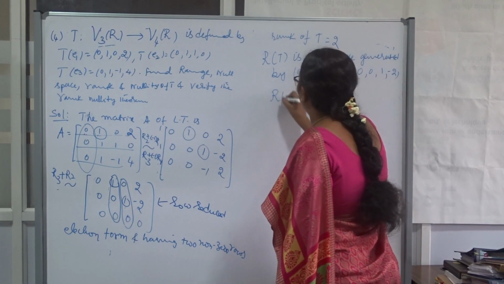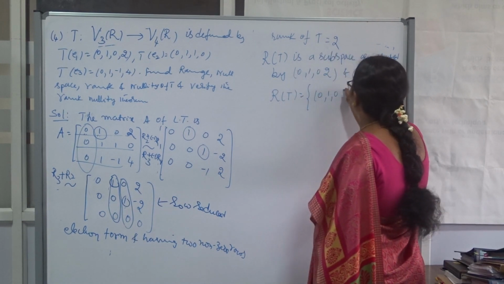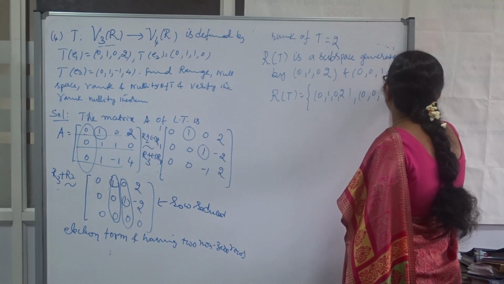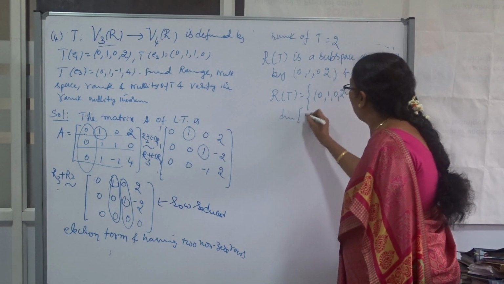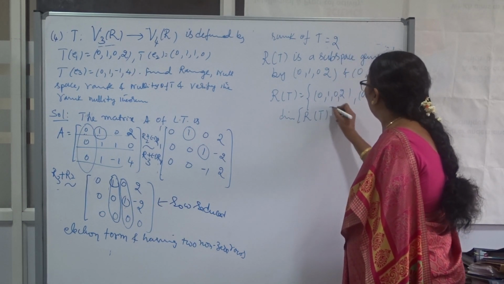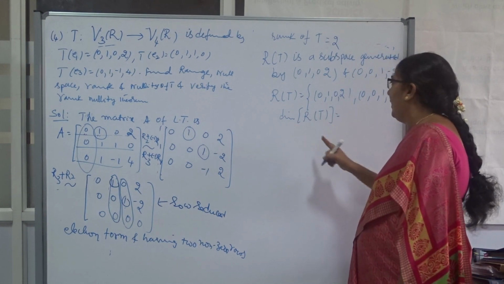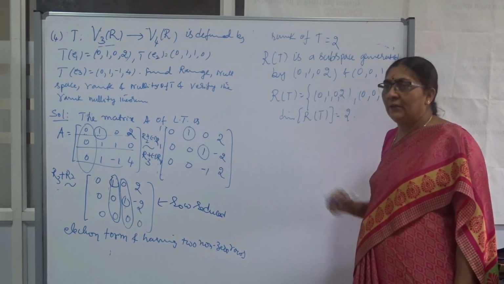Therefore, the range space is 0, 1, 0, 2 and 0, 0, 1, minus 2. Therefore, the dimension of this range space is 2. We already know that the rank of a linear transformation is the dimension of the range space. Now, what you have written for the rank is also correct.